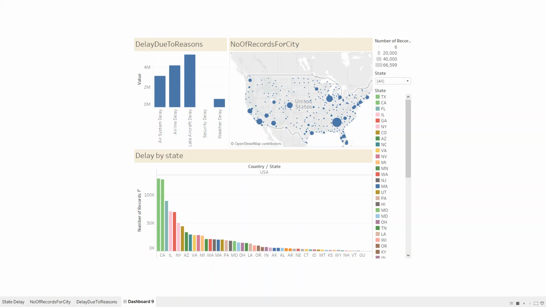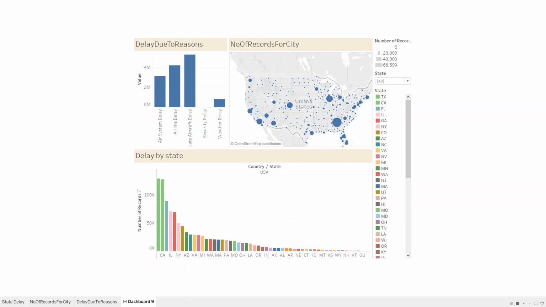Each state is represented by one of these colorful vertical bars. We can see the legend on the right-hand side, where each colored box represents a different state. On the y-axis are the number of delay and cancellation records, and on the horizontal axis are the states.